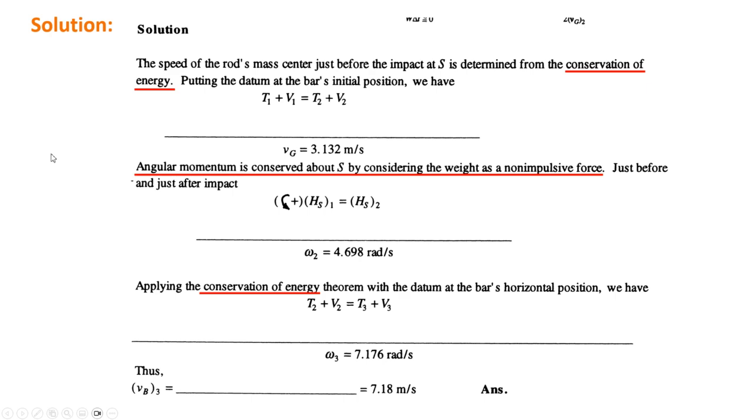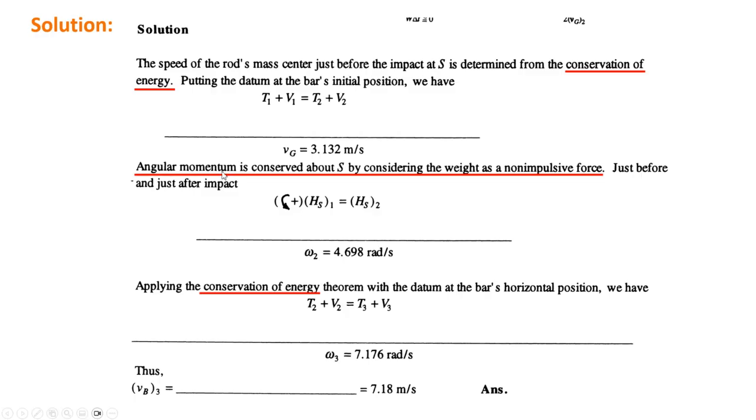You will see that the solution first finds the speed of the rod's mass center just before the impact at S, determined by the conservation of the energy, putting the datum at the bar's initial position, so we have T1 plus V1 equal to T2 plus V2. From that, we will solve to find that the velocity at the point G will be equal to 3.132 meters per second.